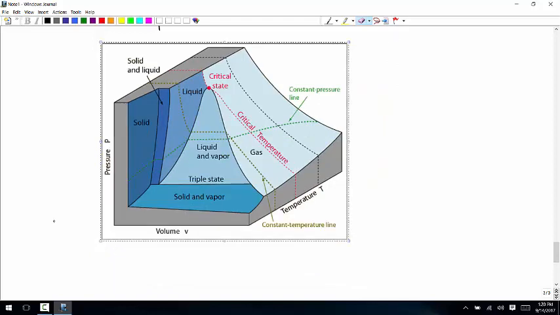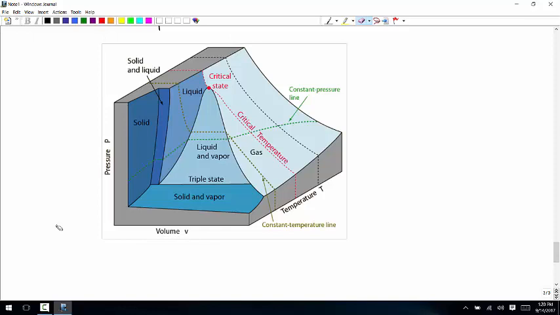Okay, so if you're really good at picturing stuff in 3D, then that tells you everything you need to know about the relationships. And all you would need for one material or another is to know the value of this critical state, and where this triple state is, and then you could sort of fit this thing to it.